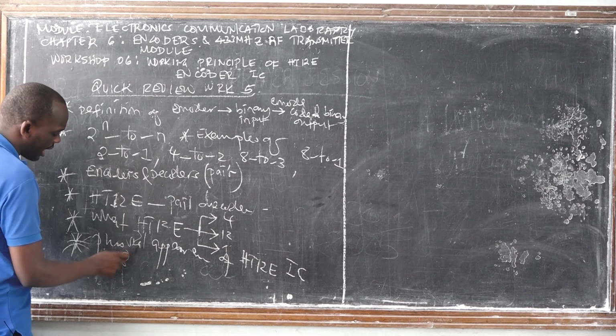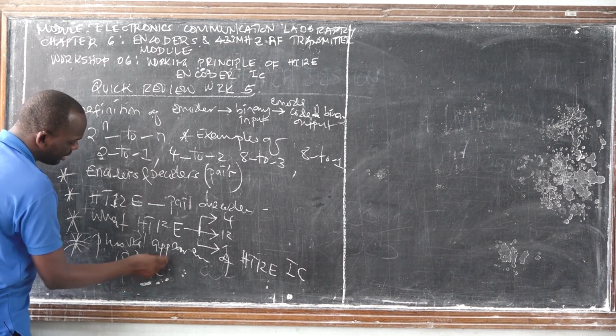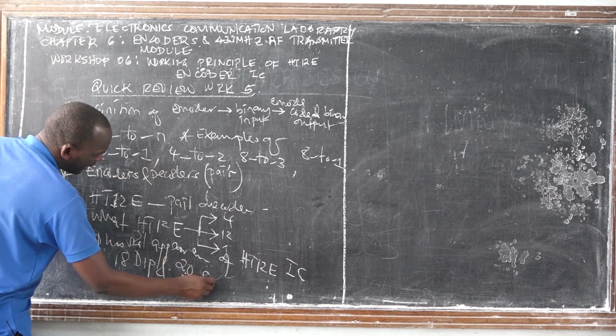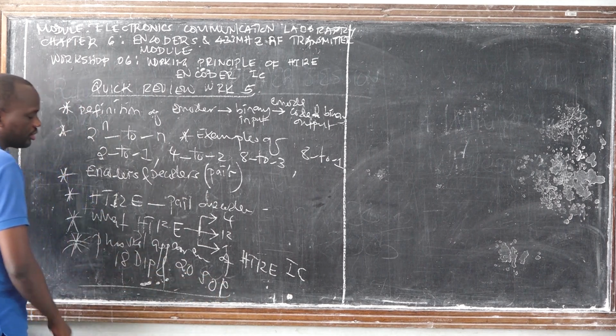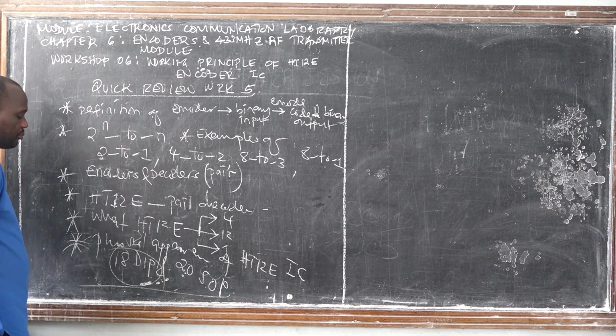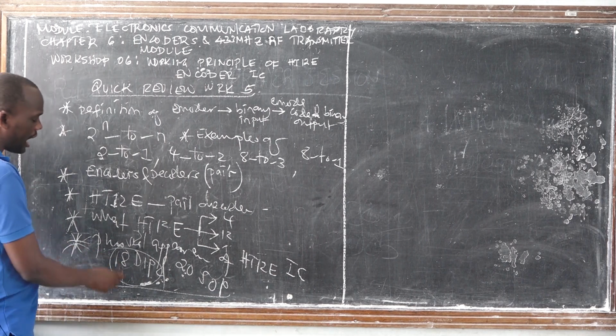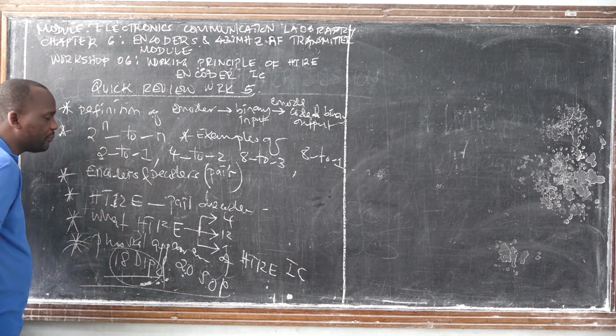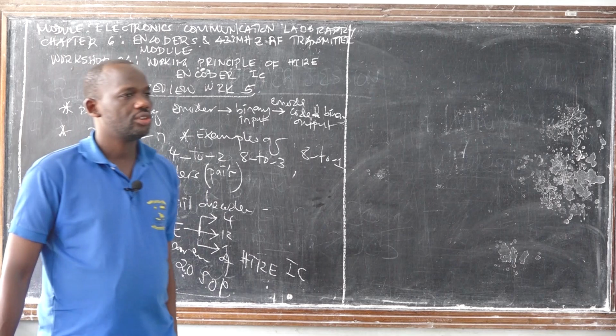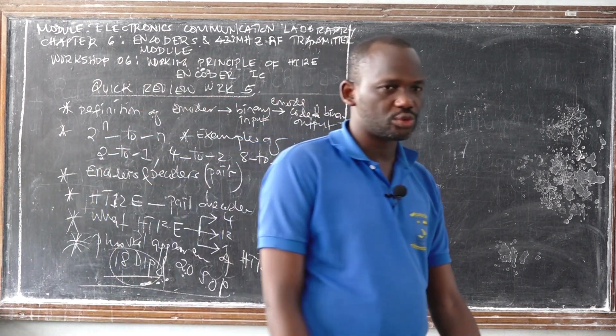The first one is the 18-pin dual inline package, and the other one is the 20-pin SOP package. We discussed these 18 pins, and we realized that we have through-hole and surface mount devices. We also learned the pin numbers and pin names of this integrated circuit as a through-hole integrated circuit.